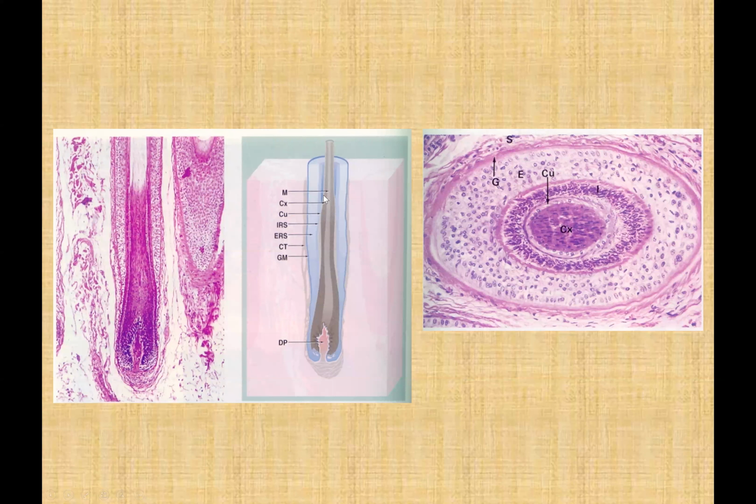So you see the cortex here, and this is the cuticle. When you look at it in the transverse cut, we are looking at the cortex of the hair, followed by the cuticle.